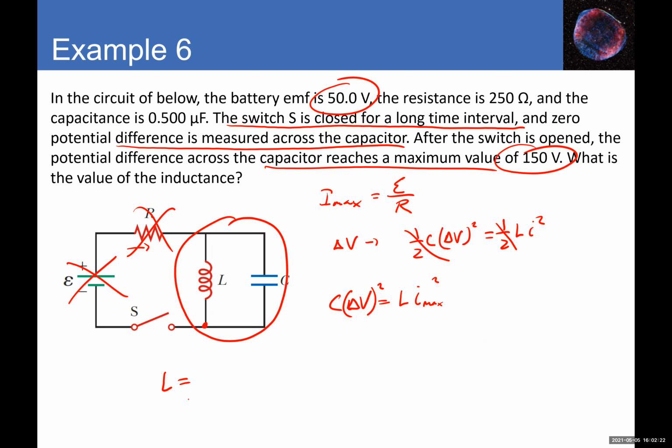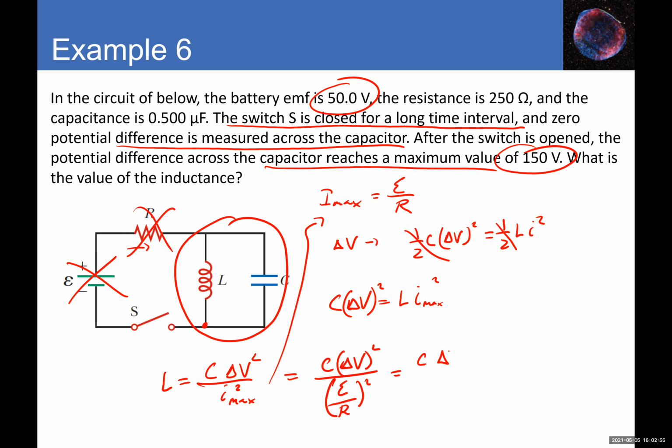So L is equal to C times delta V squared divided by I max squared. I max is the EMF of the battery divided by the resistance. That means I can write this as C times delta V squared divided by the quantity EMF over the resistance, squared. So this becomes C times delta V squared times resistance squared, divided by the EMF of the battery squared.